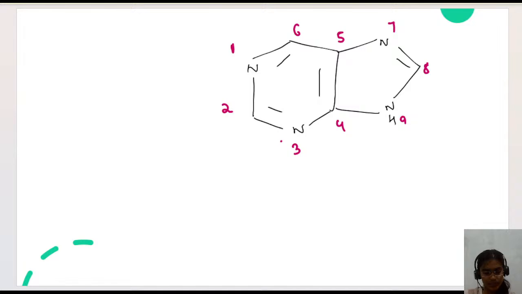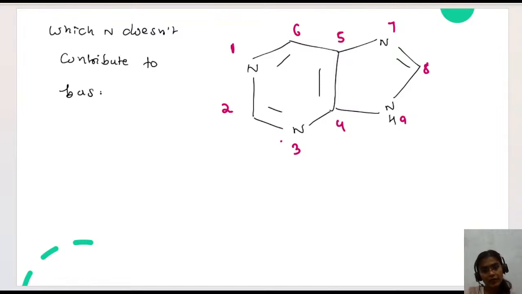Okay, so what is the question? Which nitrogen does not contribute to basicity? It means out of all the possible nitrogens, which nitrogen's lone pair is not available for bonding, or is not behaving as available for donation.